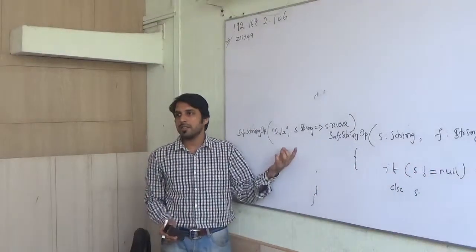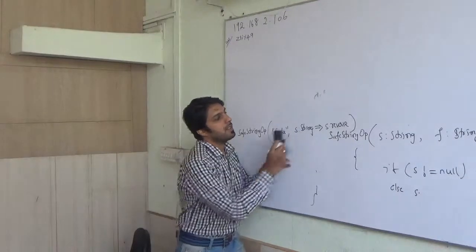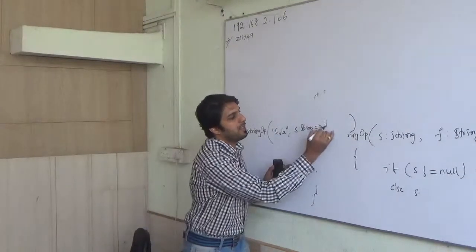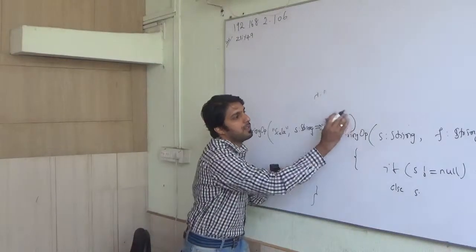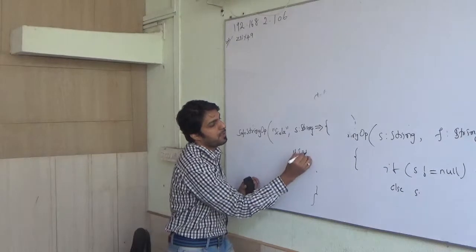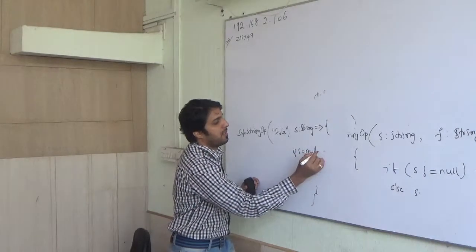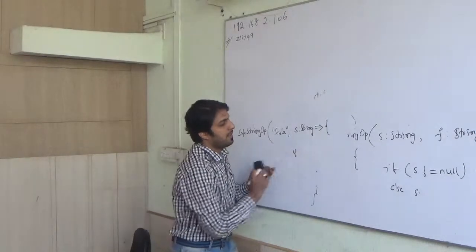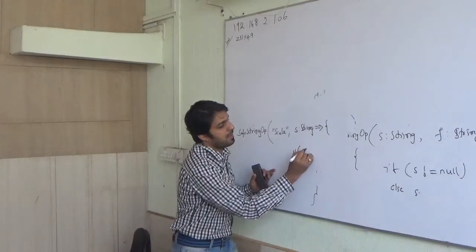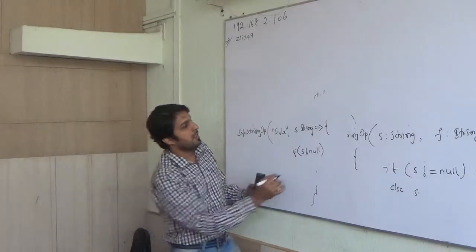This will not happen. So you can have the same thing here. Here we can have if s is not equal to null, s dot reverse.